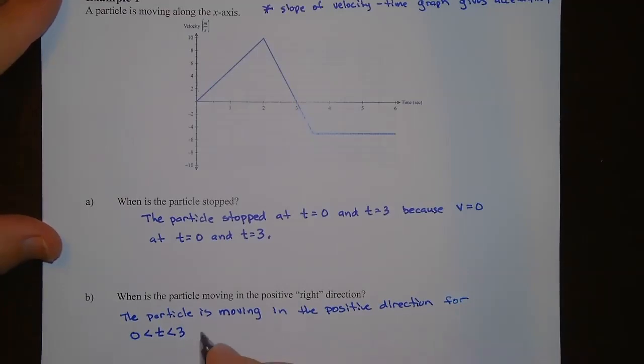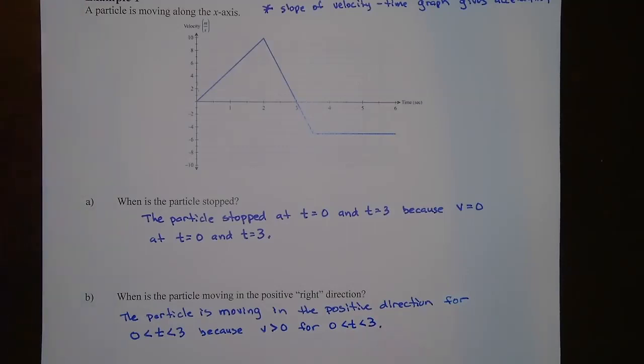Why? Because the velocity is greater than 0, or you could also say velocity is positive, for 0 less than t less than 3. If you write this all out in words, if the time is between 0 and 3, the velocity is positive there.